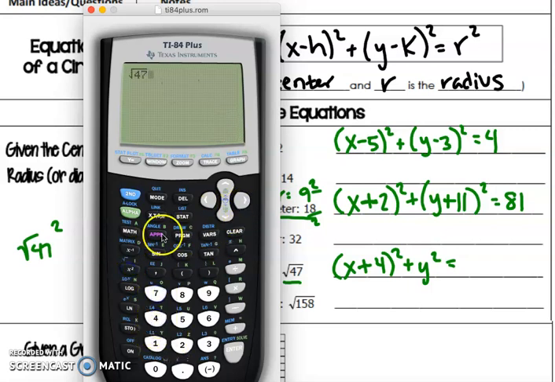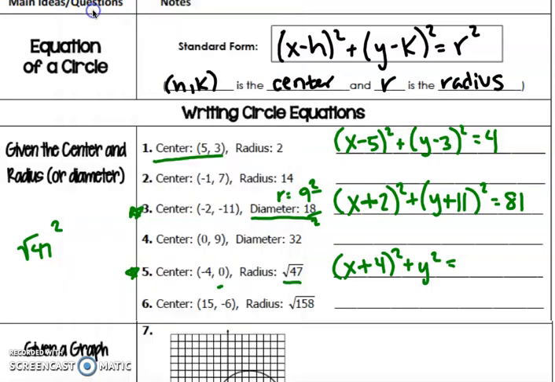If I come outside and square my answer, I notice the parenthesis went away, okay? Because a squared and a square root cancel each other out. So when you have the square root of 47 and then you square it to put it in the equation, it's going to cancel out, leaving you with a 47, okay?